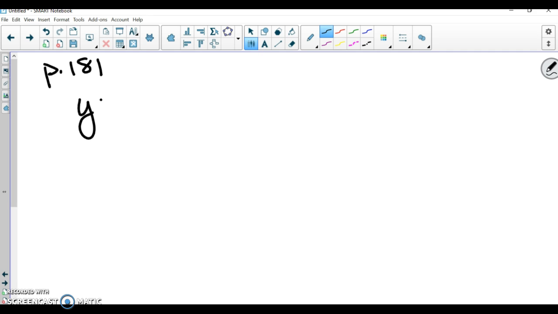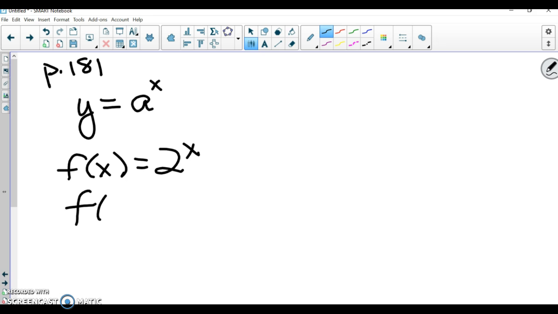We are going to be looking at functions of this form: base a, x, our exponent, and it looks like we are looking at two different bases. It says graph the function f of x is equal to 2 to the x, and they said g of x is equal to 4 to the x.